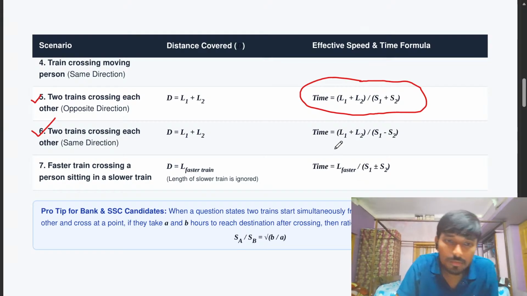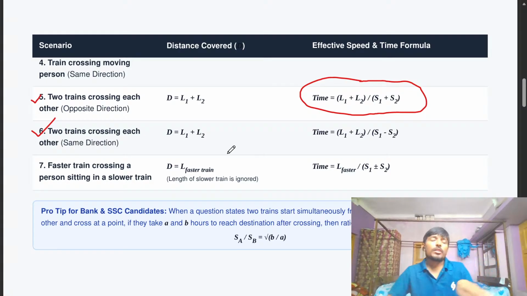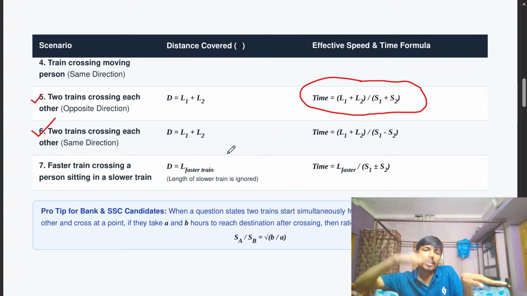Okay, now, two trains crossing each other. In this case, distance covered is the length of the first train and the length of the second train.